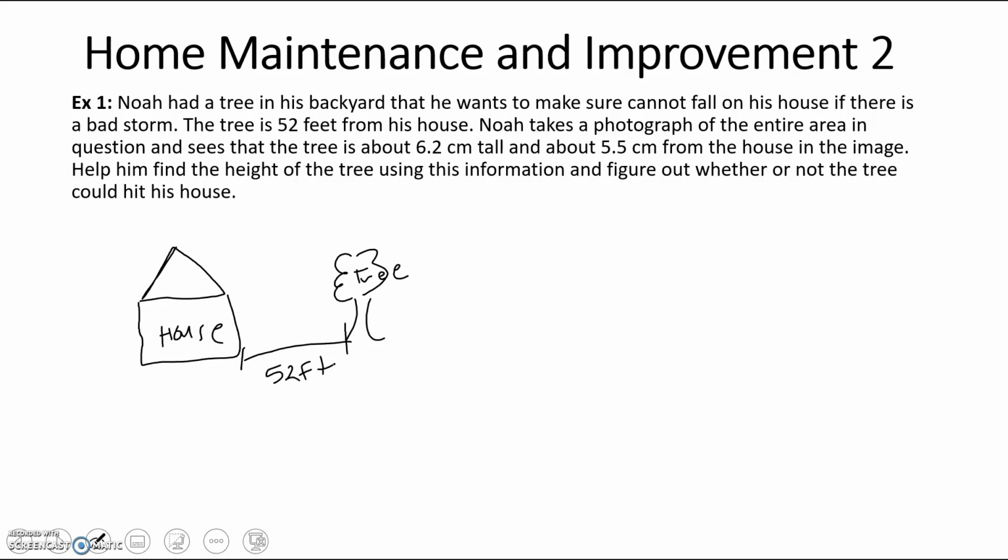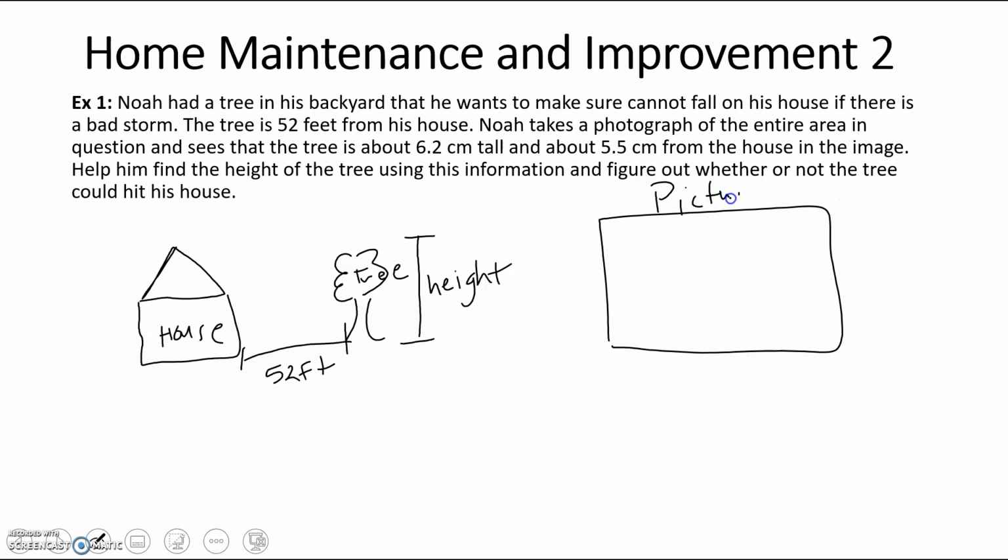Now, it's very difficult for Noah to try to measure the height of the tree, as he doesn't have a ladder that is tall enough. So in order for him to figure out how tall this tree is, he took a picture.